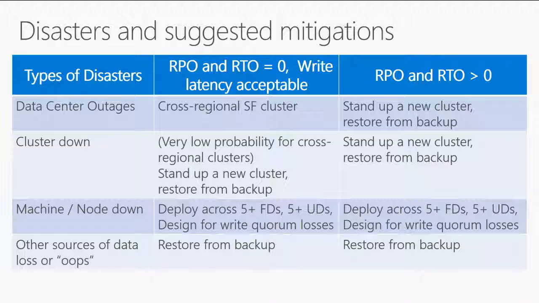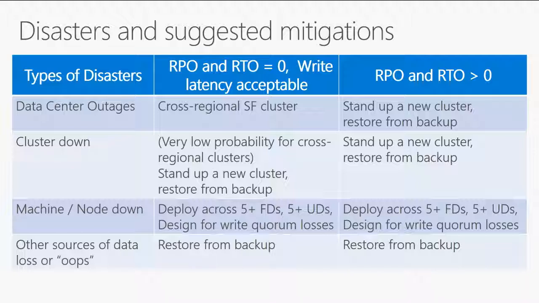Now comes the other area where RPO and RTO are actually non-zero. A lot of customers have an RPO of, say, 10 minutes and an RTO of 30 minutes. If that were the case, it's very simple. You don't need a cross-regional cluster.